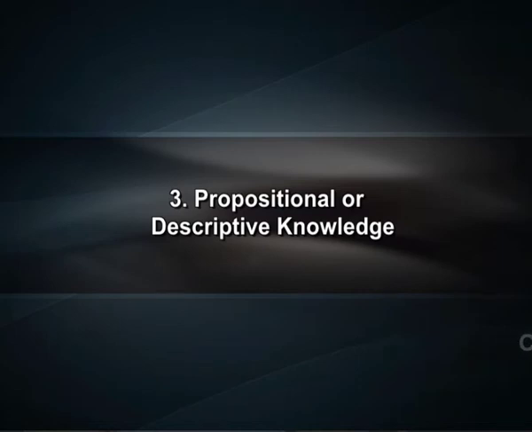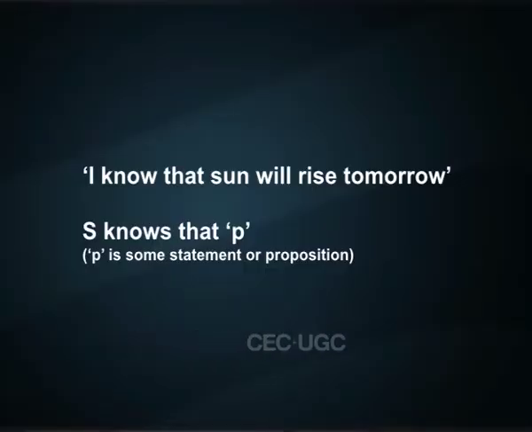3. Propositional or descriptive knowledge. An example of propositional knowledge can be stated as: I know that the sun will rise tomorrow, or S knows that P, where P is some statement or proposition.